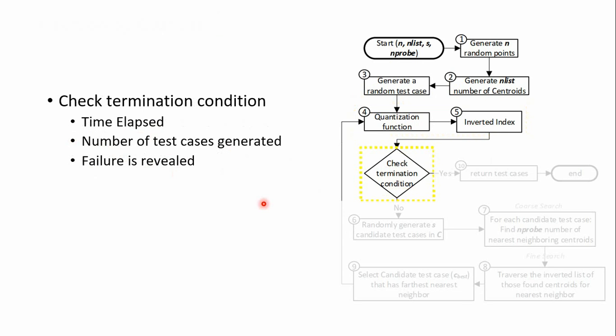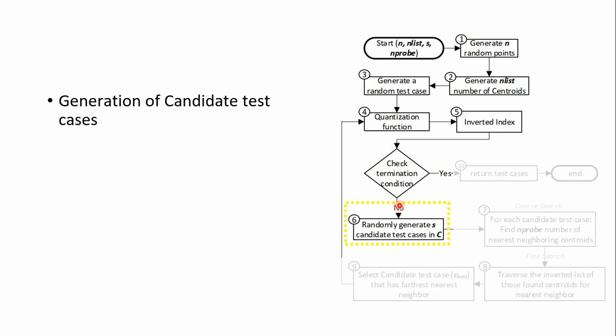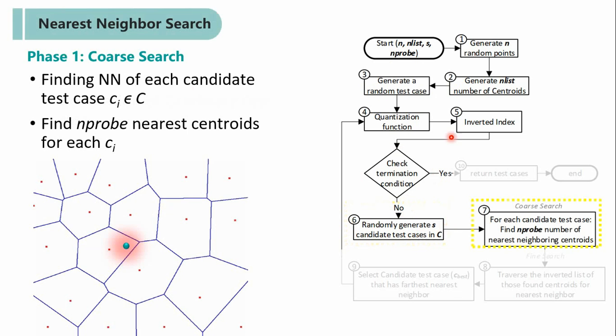If the termination condition is not achieved yet, we go further and generate S number of candidates in the candidate test case set. And now the main contribution of our method starts here. Here we calculate the nearest neighbor of each candidate in the Voronoi cells.